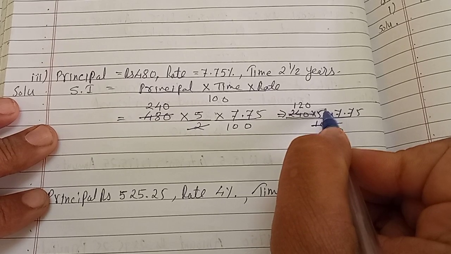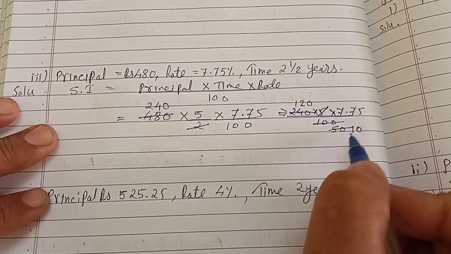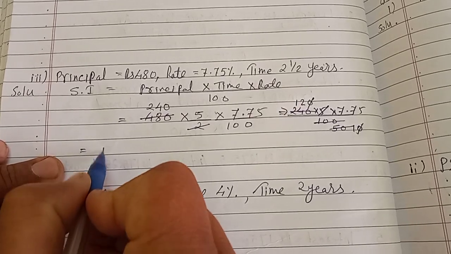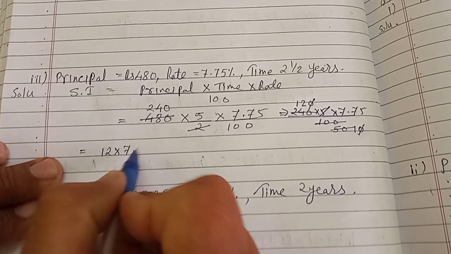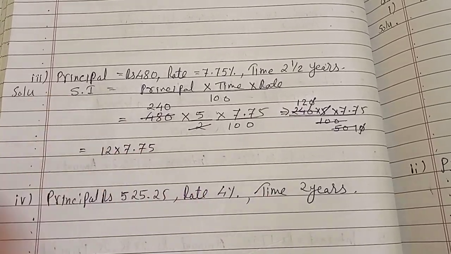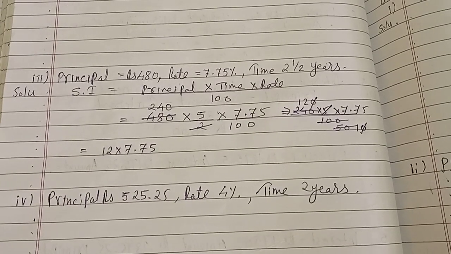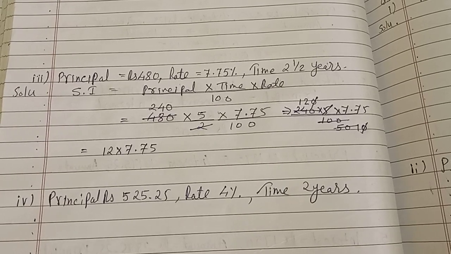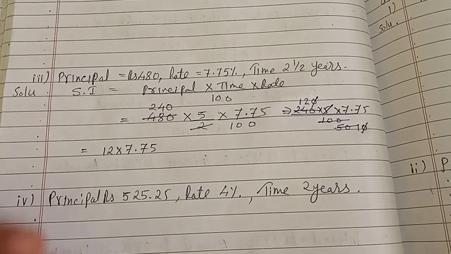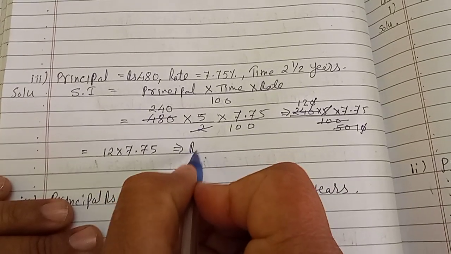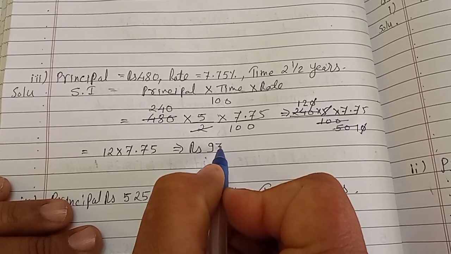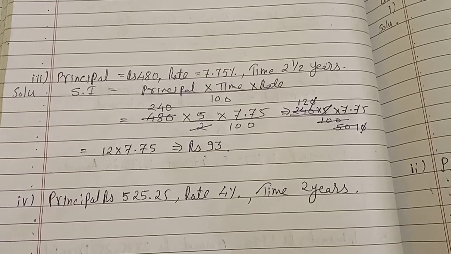With the table of 5, 5 10s are 50. Cancel this 0 and 0. What is left? 12 into 7.75. Multiply 12 with 7.75. If you multiply 12 with 7.75, how much is it coming? Rupees 93. Is it clear?